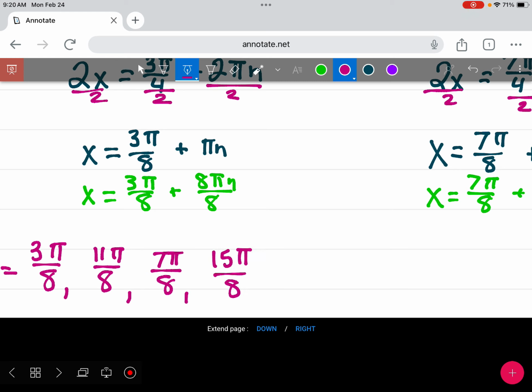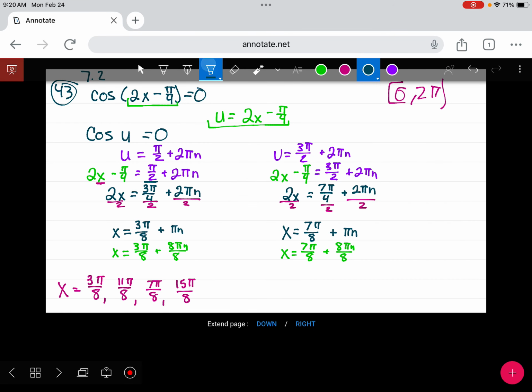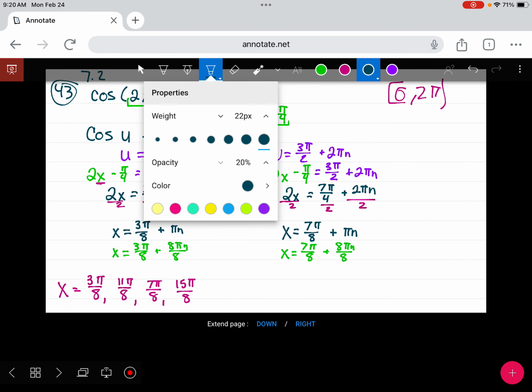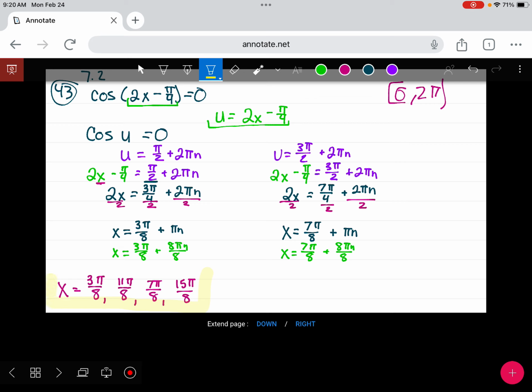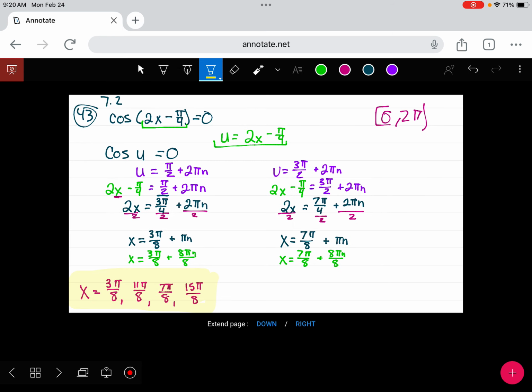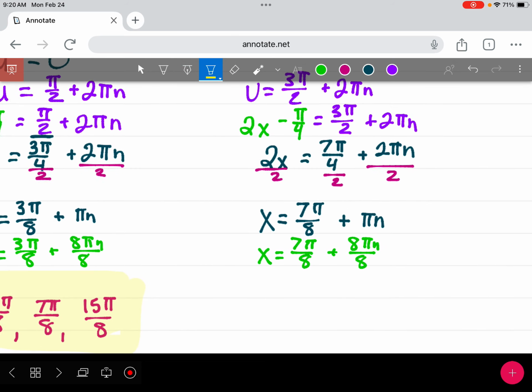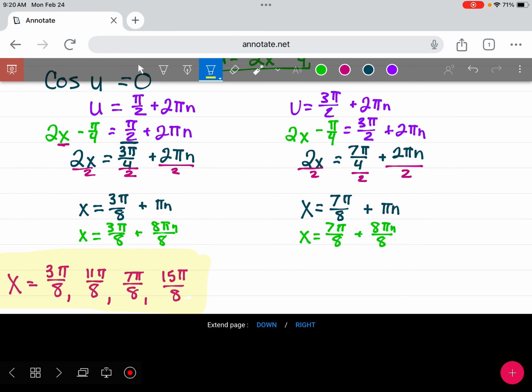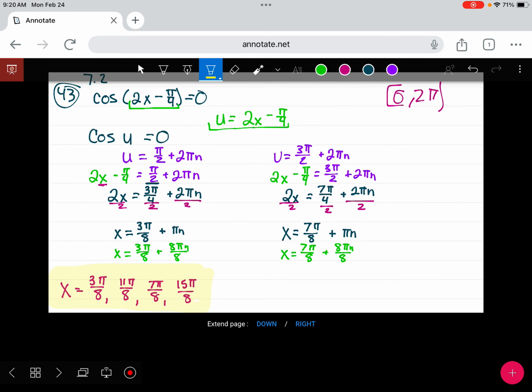Because after that, it would be more than 2 pi, so it's no longer on the interval. So 7 pi over 8 plus 8 pi over 8, we got 15. So they're awkward and weird and a little long and kind of annoying.